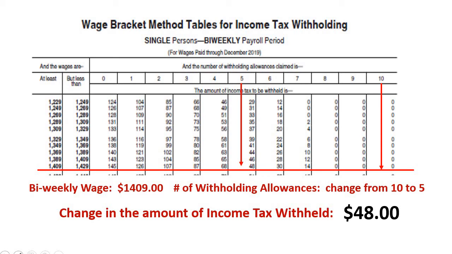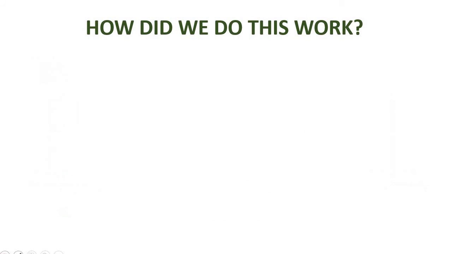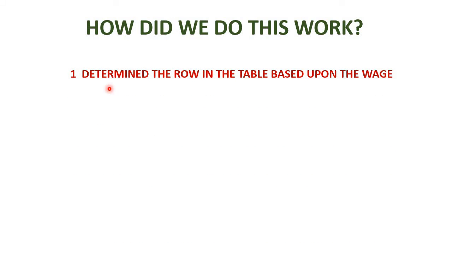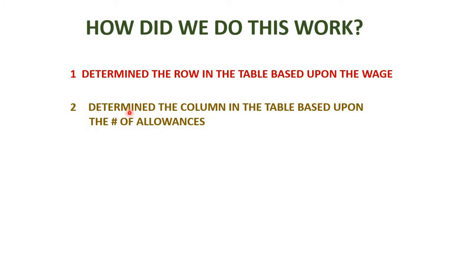Okay, but now what did we do to get these answers? How did we do the work? Let's organize this. The first thing we always did was determine the row in the table based upon the wage, whether it's weekly or bi-weekly. Next we determined the column in the table based on the number of allowances. If we were doing nothing more than determining the income tax withheld on that check, we were done.